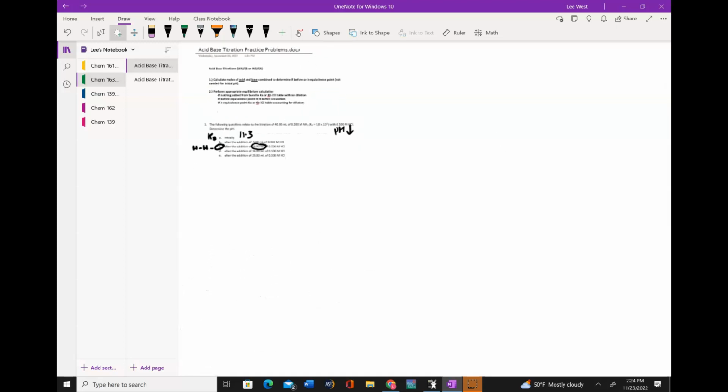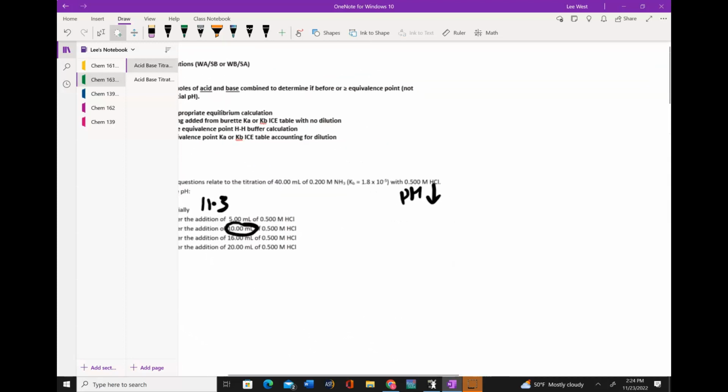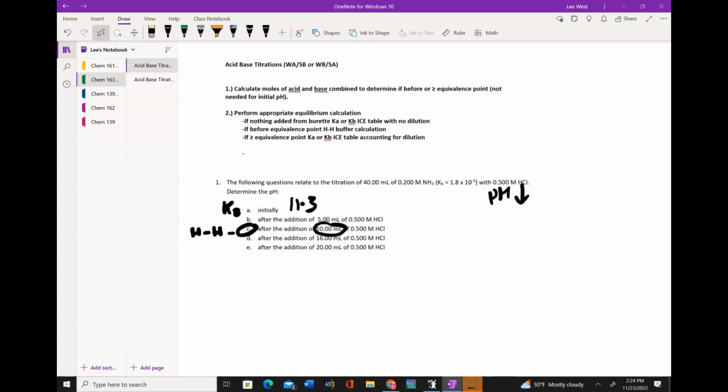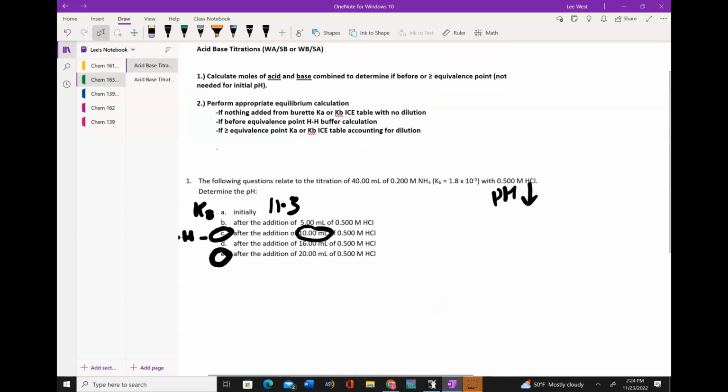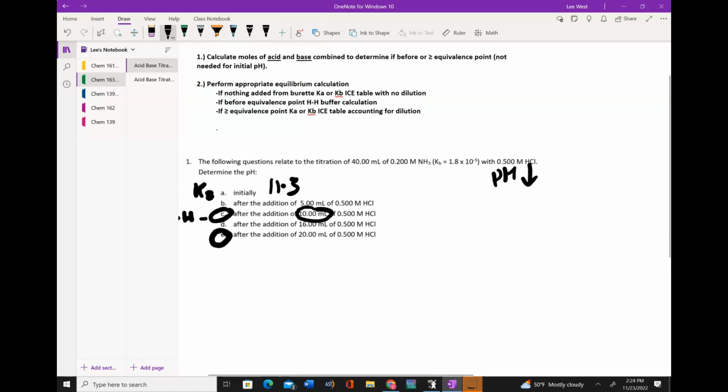Okay, so let's do one now where we're beyond the equivalence point. I'm going to assume that the very last one in the list here is beyond the equivalence point, and we'll see if that works out. Again, our first step is to calculate the moles of acid and base that are combined.